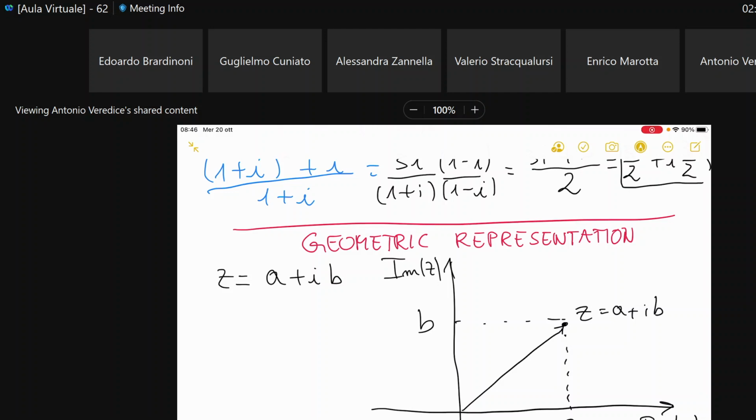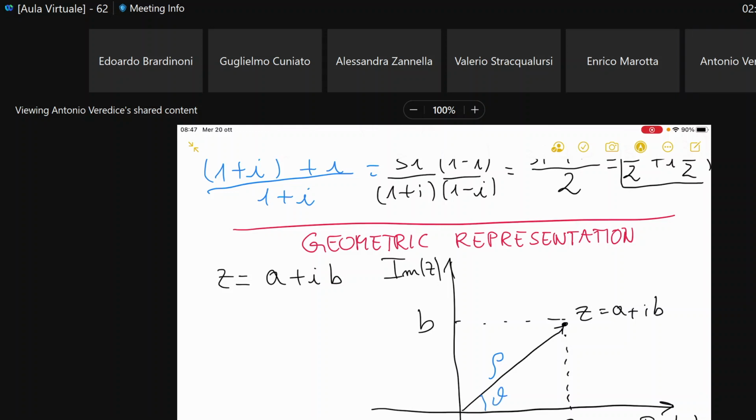The trigonometric representation is made up using the modulus, which we will call rho, using the Greek letter rho to mean the length of this vector, along with this angle.